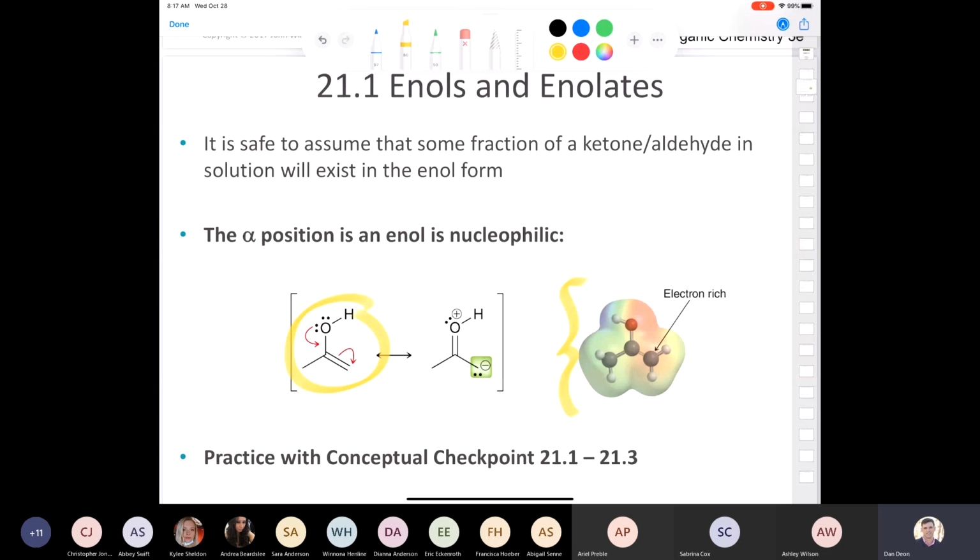Now you can see we have two resonance contributors, right? And we can draw a resonance contributor where we have a negative charge on a carbon, so we have a carbanion there. But we know that in the one on the left, the oxygen is more electronegative, so it should pull more electron density towards itself. Now remember, these are resonance structures, okay?